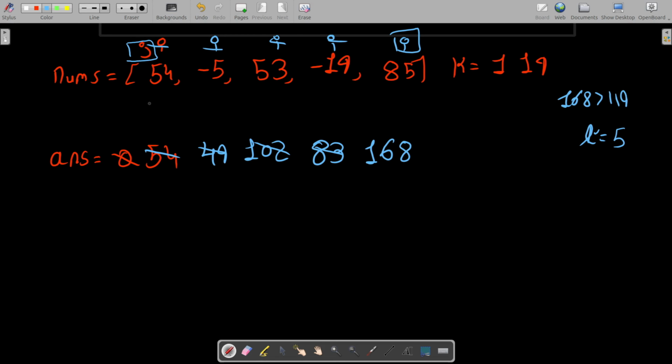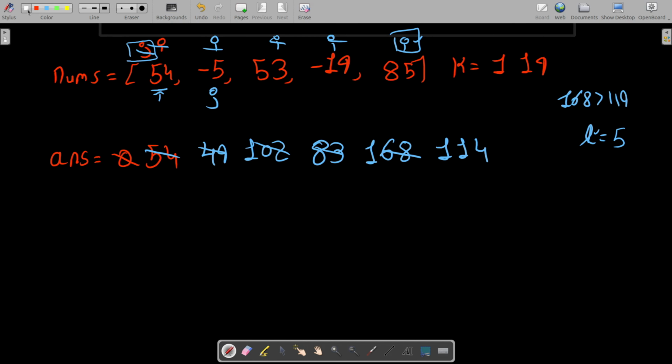Now we should start shrinking the window, because we want the shortest window, so we would move our j here. Before moving j here, we have to subtract this from the sum. So when we subtract this 54, our sum comes to 114, right? So our j is at index 1, and i is at this place.